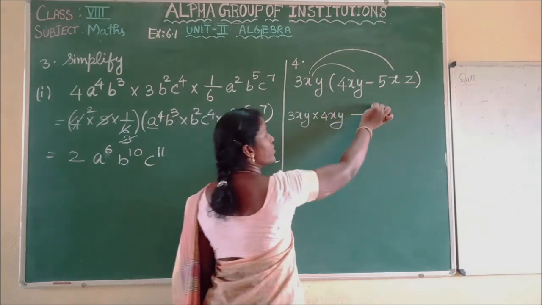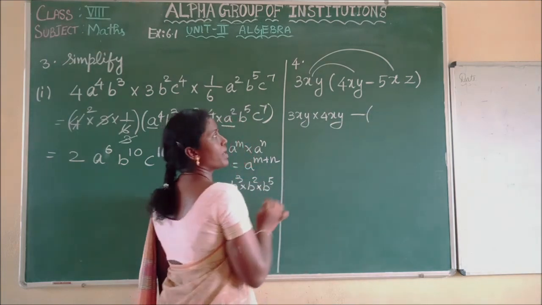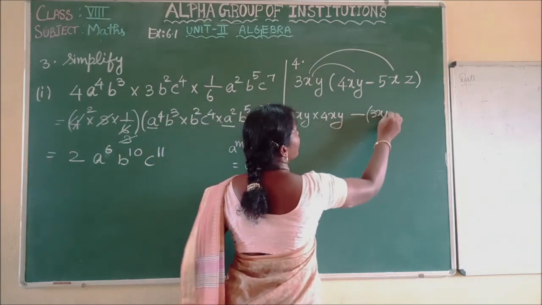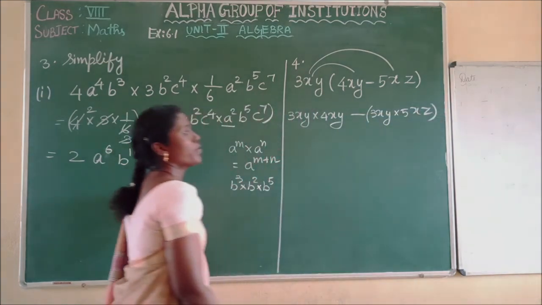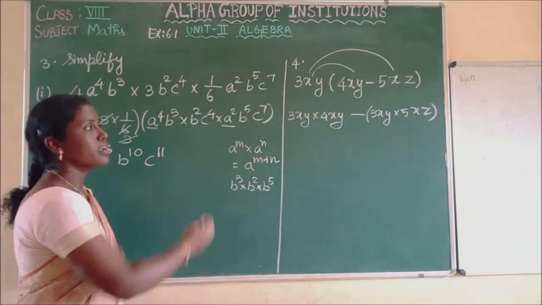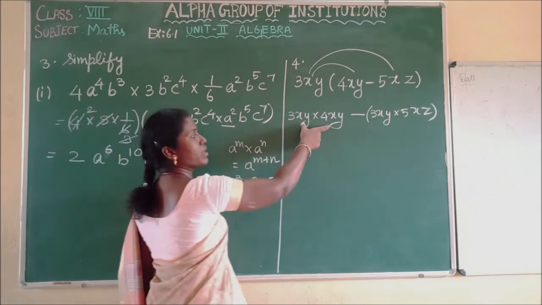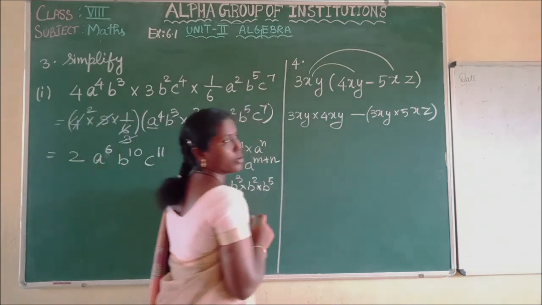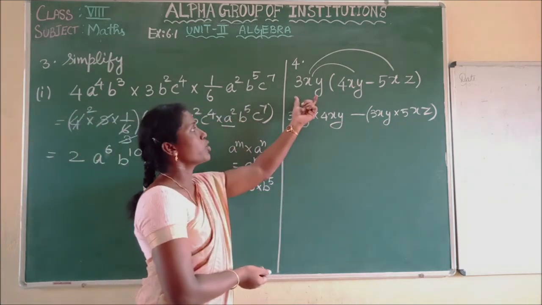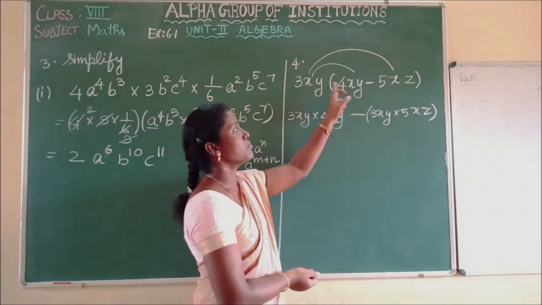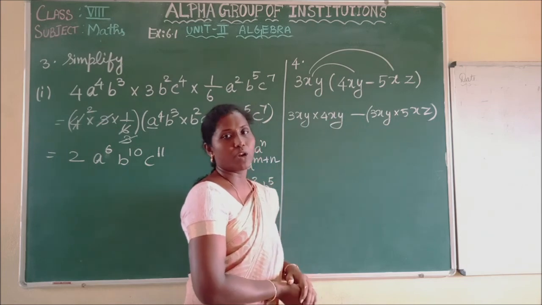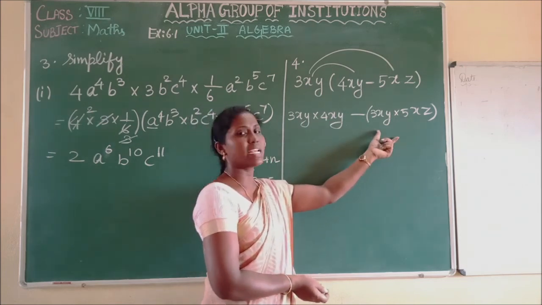Already I told you that whenever you are using negative, just open the bracket: 3xy into 5xz. Now multiply. If you remove the bracket, it is monomial into monomial, monomial into monomial; it is simple. So whenever you are multiplying a monomial with a binomial, just multiply the monomial with each term of the binomial. If you want, you can separate like this and write.